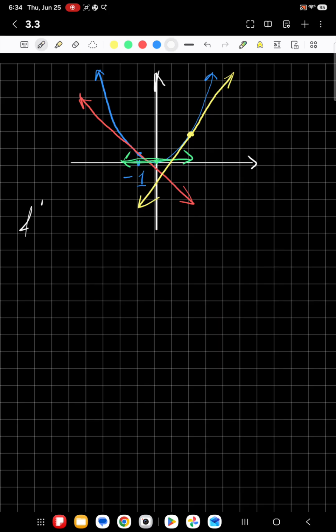So first step would be to calculate the derivative, right? So if f of x or y, right? So y equals x squared. So y prime or f prime of x would be 2x. Right? And then we simply plug in those numbers.